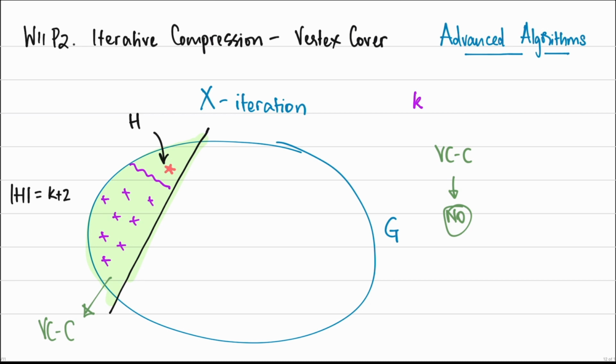Well, if you think about it for a while, you'll probably reach the conclusion that G also does not have a vertex cover of size at most k, because vertex cover is a hereditary property. So suppose G did have some vertex cover of size at most k, right?